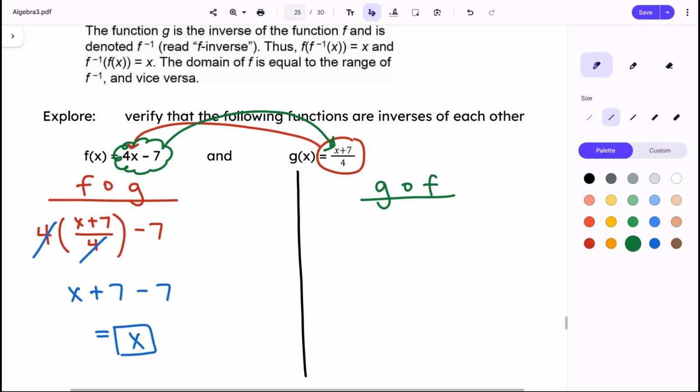So up on top of g's function, it says x plus 7, but instead of writing x, we're going to replace that with 4x minus 7. So that goes in for the x, and then we still have left from g's equation plus 7 all over 4. Can you start simplifying?